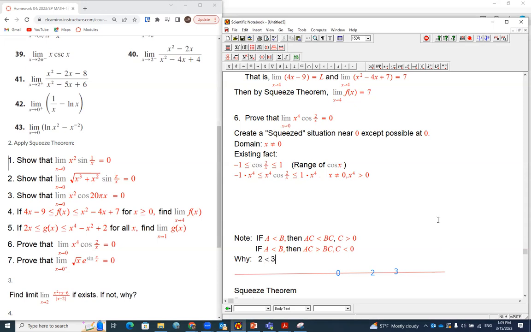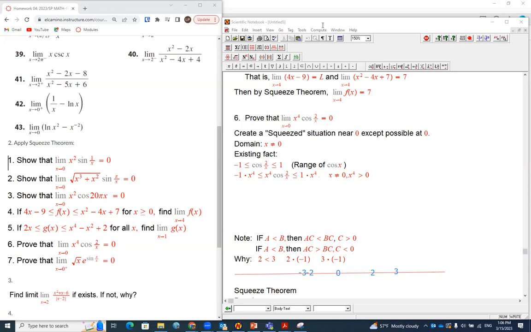But if I multiply both sides by -1, 2 times -1 and 3 times -1, we know this is -2, this is -3. -2 is going to be here, and -3 is going to be here.